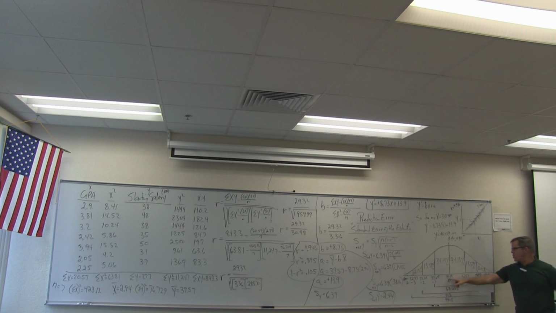This is the best prediction, but it's not the only prediction. There's about a 2 in 3 chance that, about 68.26% of the kids are going to earn between $37,650 and $42,530.